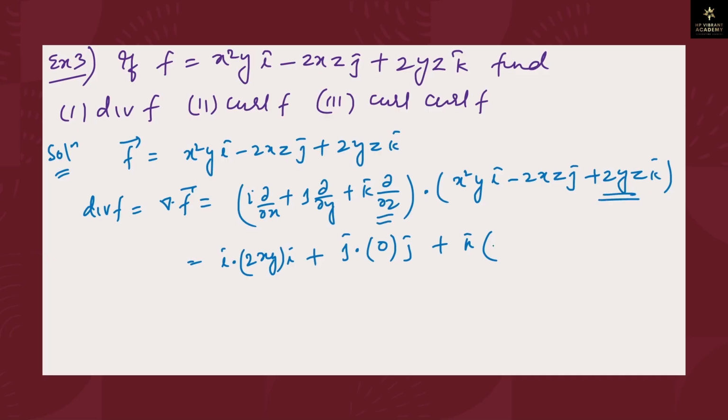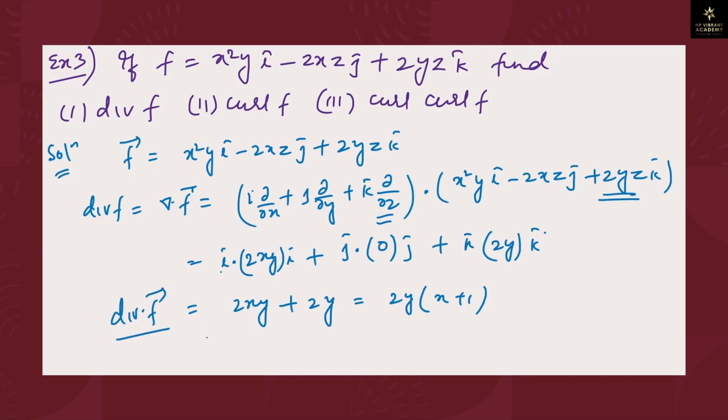So this is 2y, 2y k cap. So this is equal to, i cap dot i cap is 1, so this is 2xy, and this is 2y plus 2y, and k cap dot k cap is 1. So this is equal to 2y(x + 1). So this is the divergence of f. Okay.